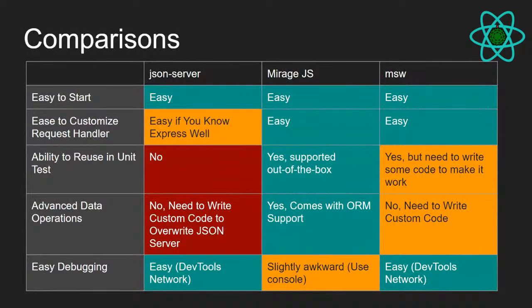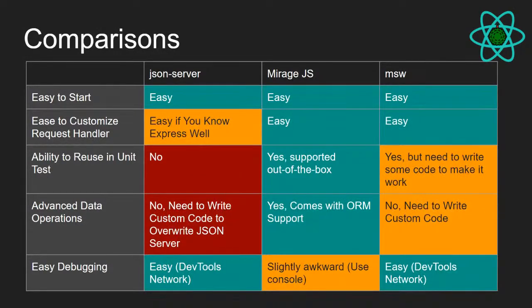And the third is, can we reuse this mocking in our unit tests? JSON Server cannot, because you are technically starting another server, and you can't do that because you want a unit test that is fast and can run concurrently. A separate server cannot help.